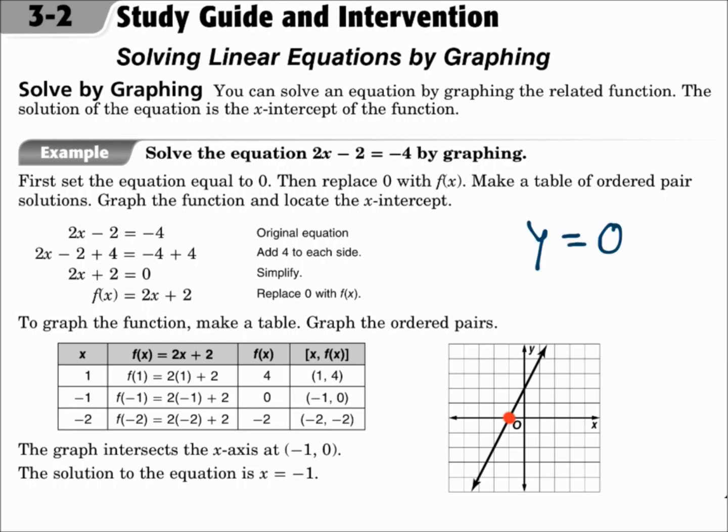When y equals 0, whatever x is the solution. And when we graph these, we're looking for the point on the graph where it crosses the x-axis. That's called the solution, and since it happens when y equals 0, it's also called a zero.